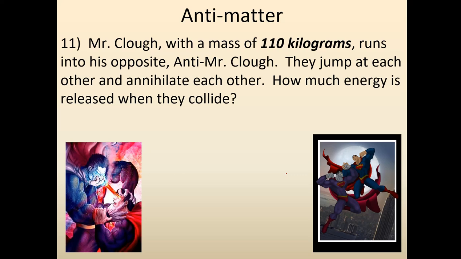All right, so here we have the two particles coming together. Now, both Mr. Clow and anti-Mr. Clow have the same mass of 110 kilograms. So when they annihilate each other, we're going to have to combine their total mass together. 220 kilograms of mass are being converted into energy.